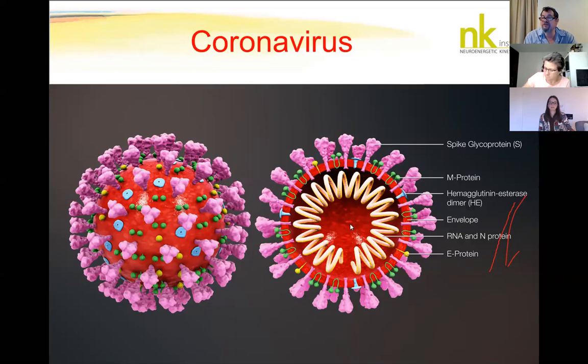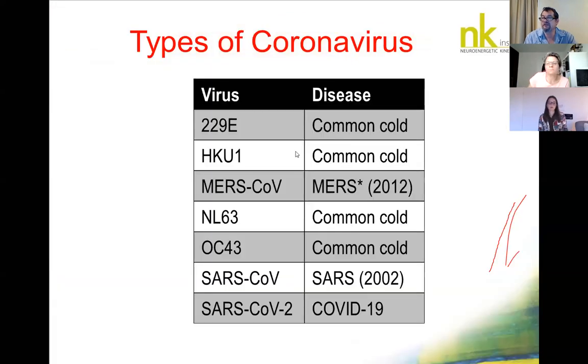Okay. So this is a typical coronavirus. Then over here, you can see these are the actual 7 coronaviruses that do infect humans. And you can see 4 of them cause the common cold.